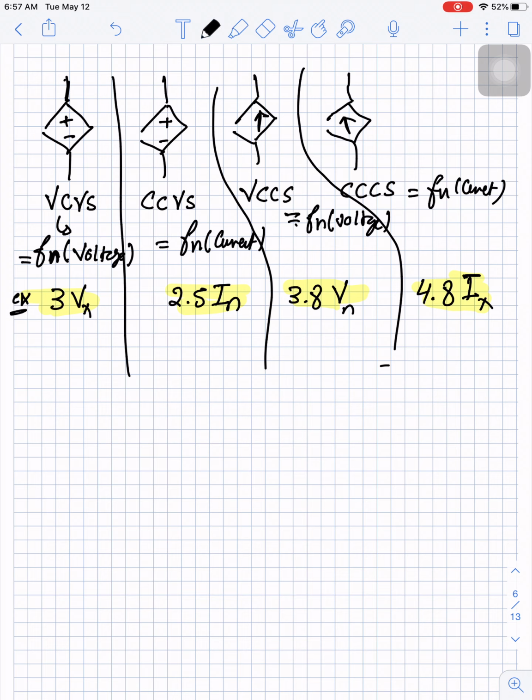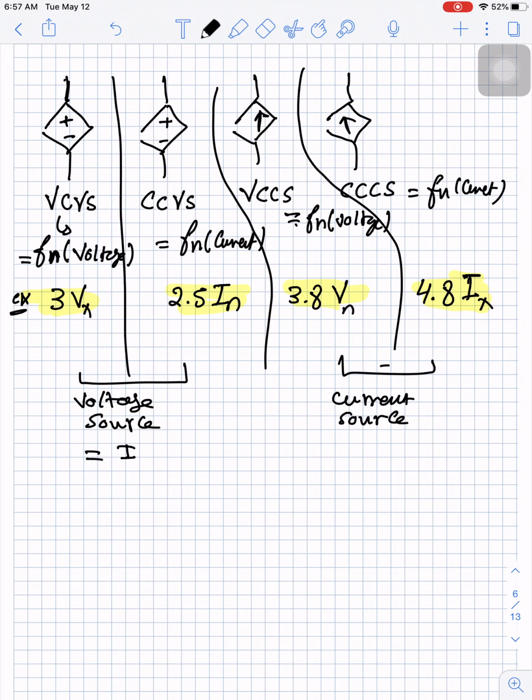If the element is a voltage source, we said that the unknown will be the current. If the element is a current source, the unknown will be voltage. So here the current is unknown, here the voltage is unknown.